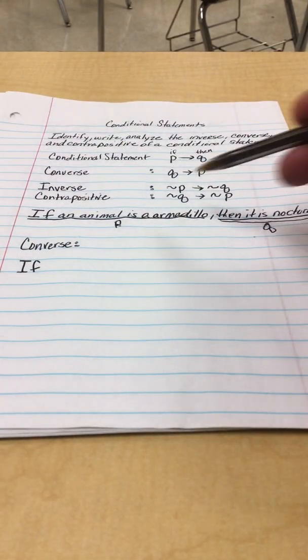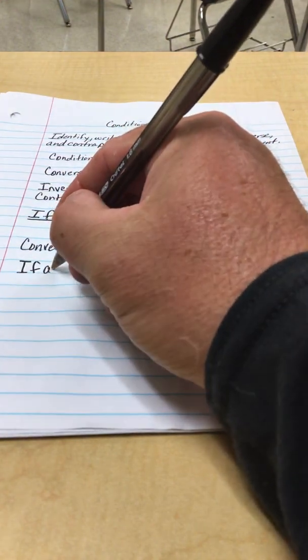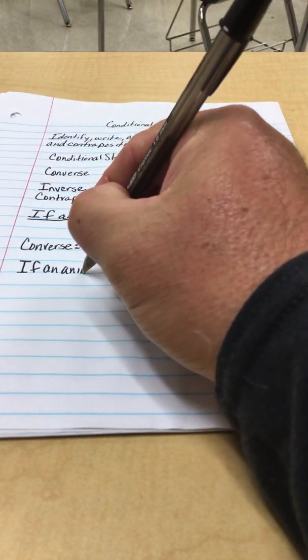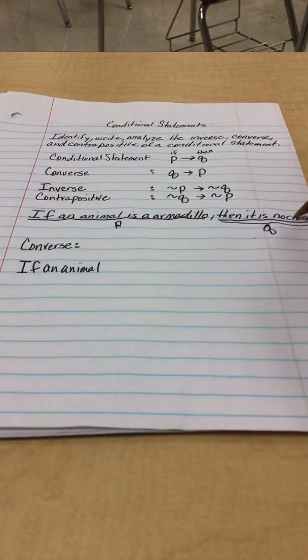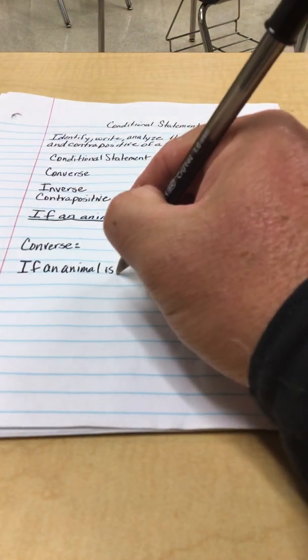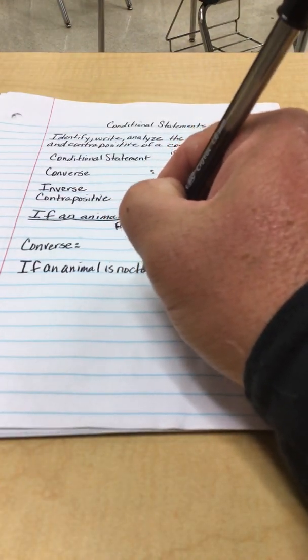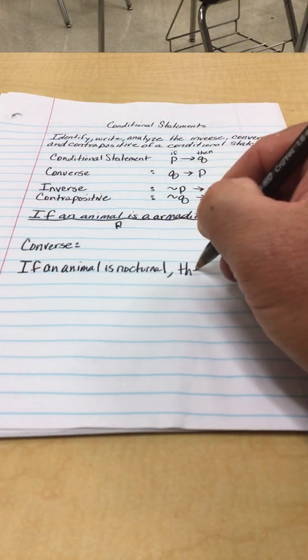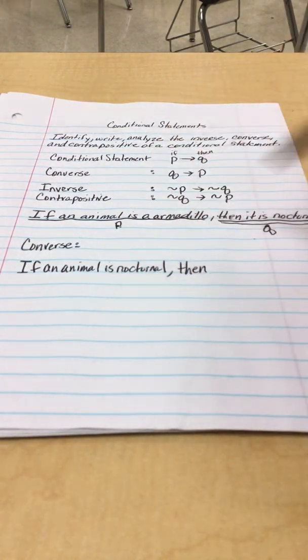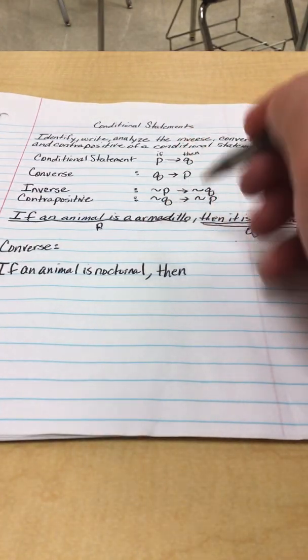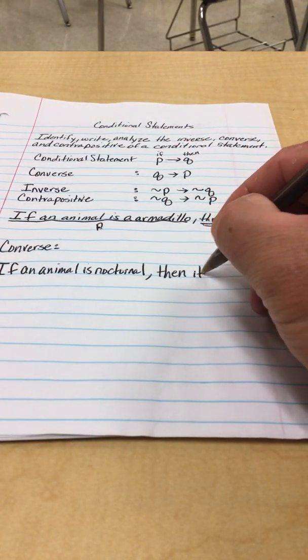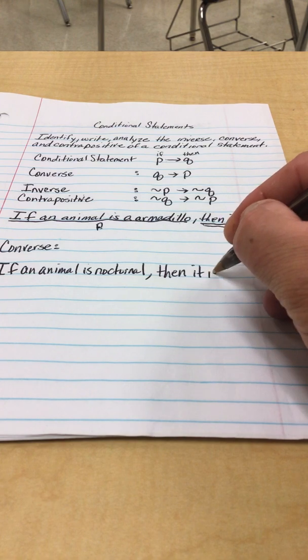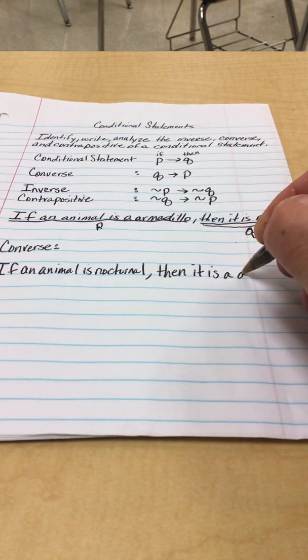So if an animal is nocturnal, comma, then, now we bring P over here, then it is an armadillo.